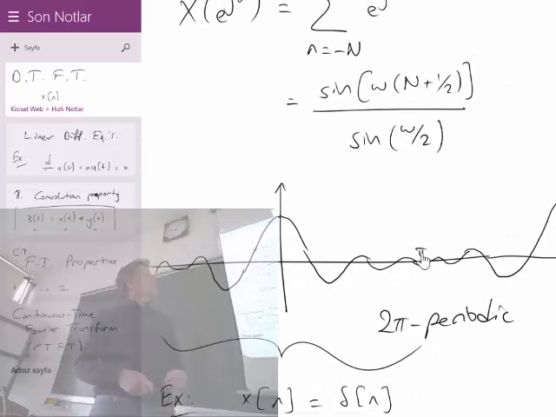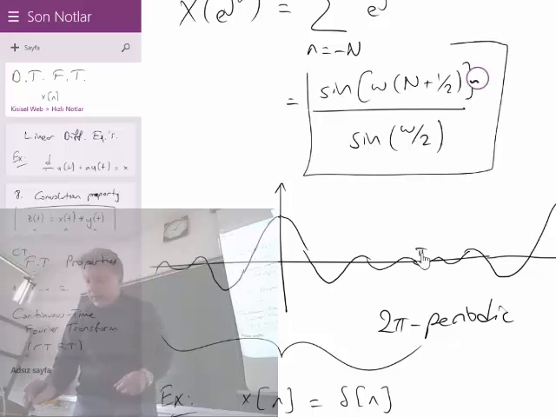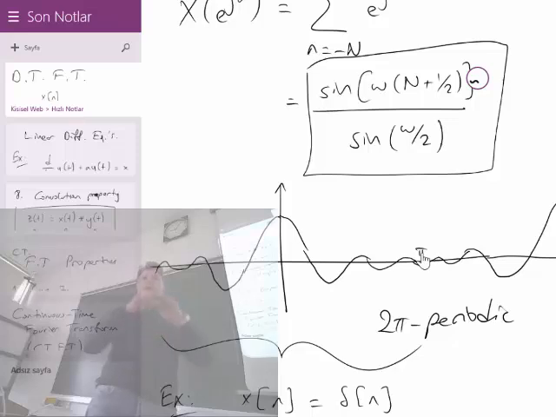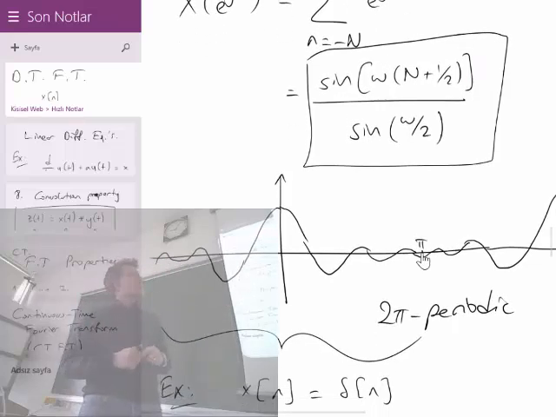Look at the previous answer that we see, which was the Fourier transform of a rectangular pulse. The Fourier transform seems to be sine of omega in parentheses n plus 1 over 2, from minus n to plus n.